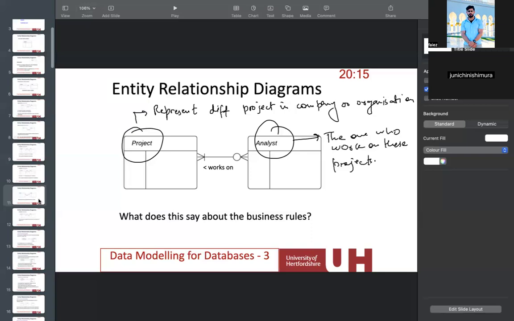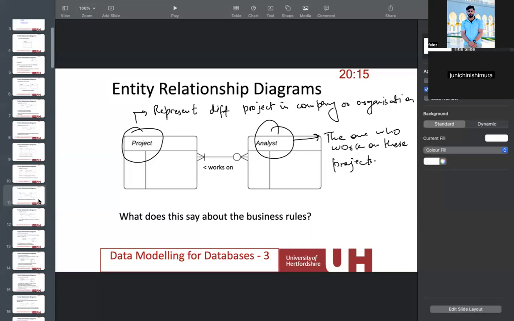Yes, okay, I got it, no worries. So I'll explain. When you talk about diagrams like you see on your screen, the number of vertical lines represents whether participation in a relationship is mandatory or optional. So one vertical line represents optional participation, meaning that an entity may or may not participate in the relationship.